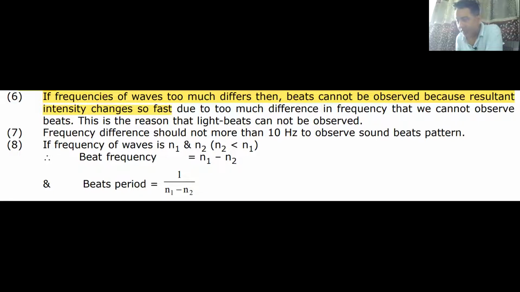We don't want the frequency to differ by a lot, because then the beat frequency would be very fast, and we will not be able to observe or hear any beats. That is why light beats are not possible, because the frequency differs by a lot. You cannot observe beats in light, but you can observe beats in sound.